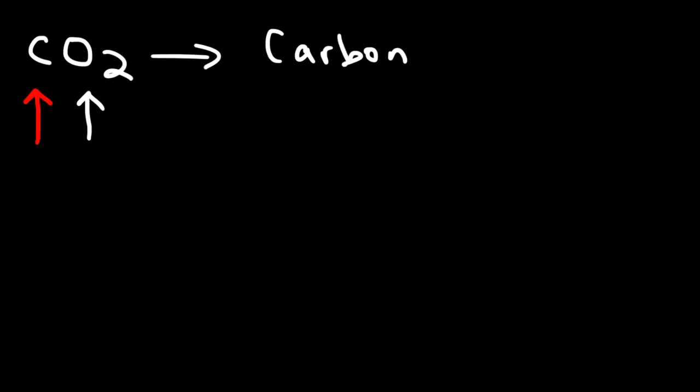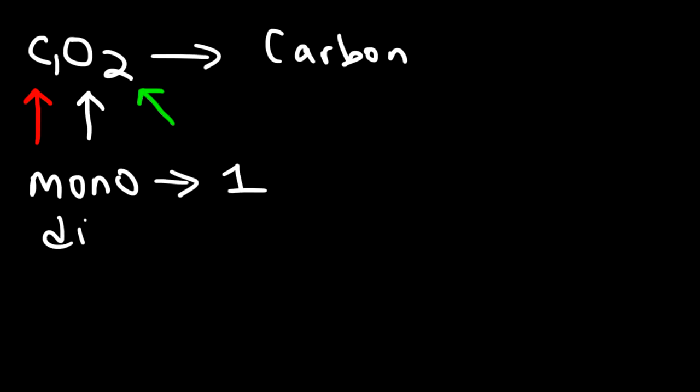However, we do have a subscript next to O, and it's a 2. If you don't see a number, it's always assumed to be a 1. So CO2 is the same as C1O2. Now you need to be familiar with these prefixes. Mono corresponds to 1. Di corresponds to 2. Tri is associated with 3.